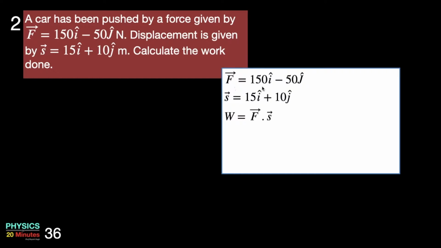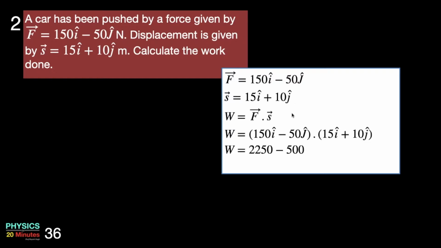So you write down your force vector, you write down your displacement vector, write down F dot S, put the values. So you get 150 I cap minus 50 J cap dot 15 I cap plus 10 J cap. What is the dot product of two vectors? Here the coefficient of I cap will multiply, the coefficient of J cap will multiply.